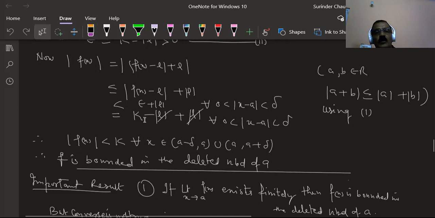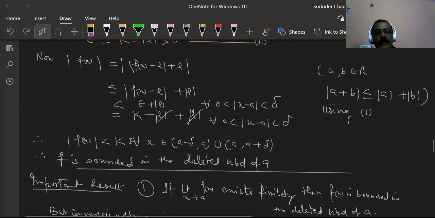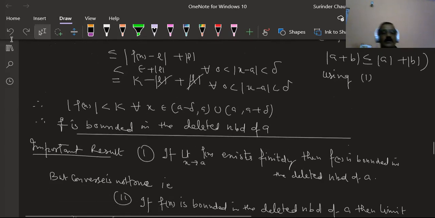Now this is for k any real number, such that this implies modulus of f(x) is less than k for all x belonging to the delta deleted neighborhood of a. Therefore, f(x) is bounded in the deleted neighborhood of a. Now let us discuss this in the next part.